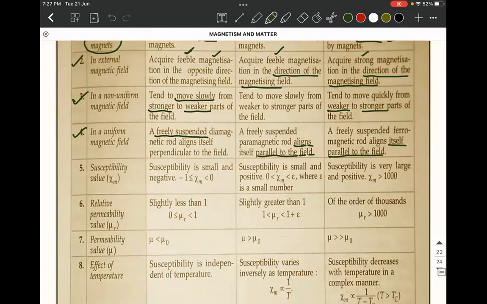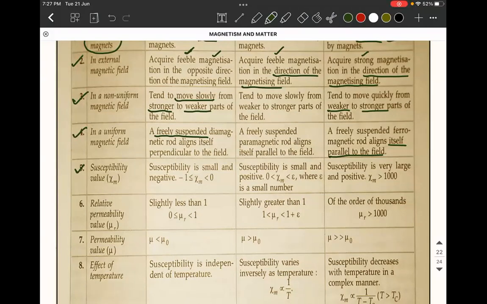Okay. The next is susceptibility. So susceptibility means, as I discussed yesterday, the extent to which a material can get magnetized. Susceptibility for a diamagnetic substance is small or it is negative.